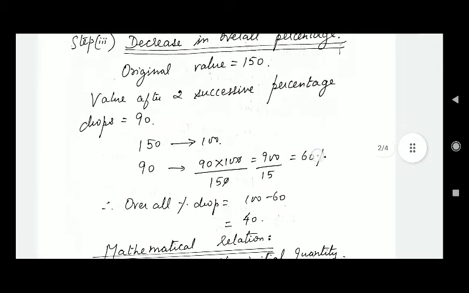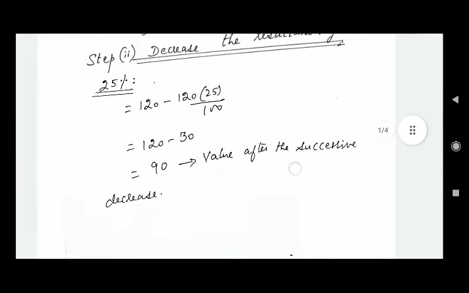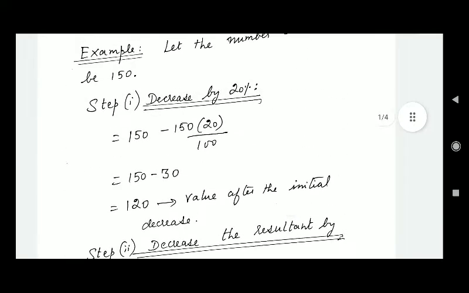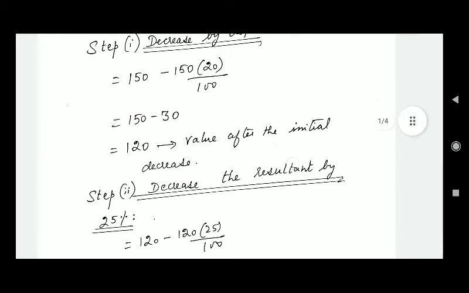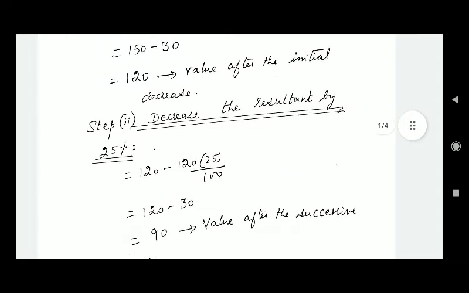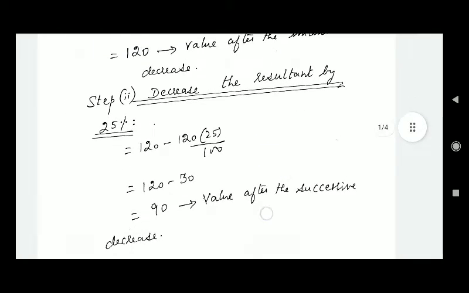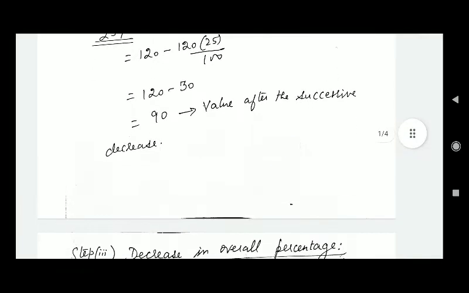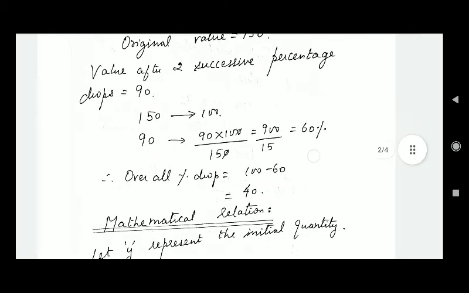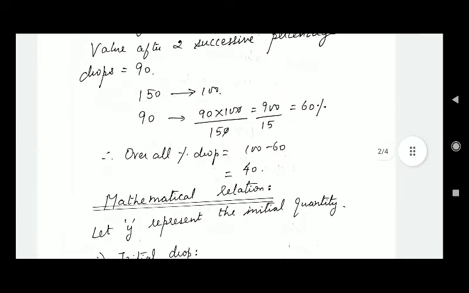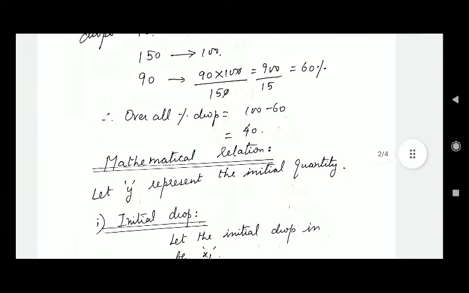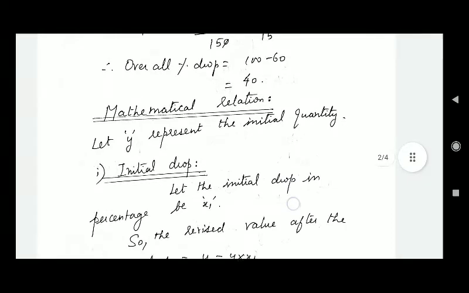Now if we cross check it with the individual percentage drops 20 and 25, it does not work out to be direct addition. That is 20 and 25 giving 45. It does not work in that way. The overall percentage drop is different, that is 40. We will now try to figure out the mathematical relation between the individual percentage drop and the overall percentage drop.